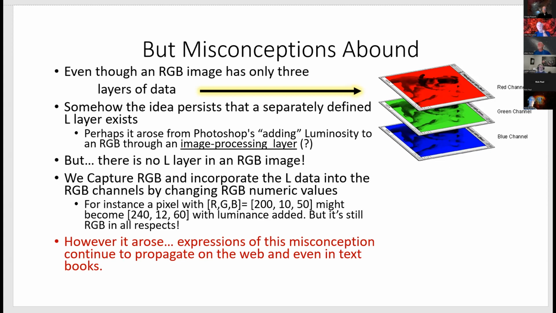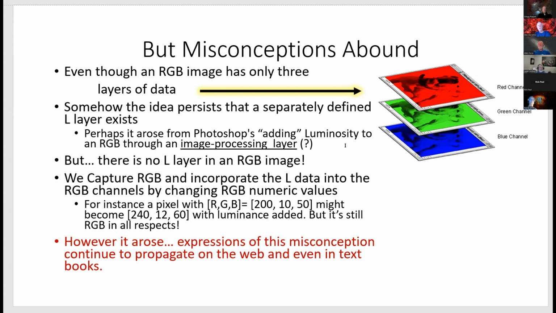Somehow they persist that there is such a layer. Perhaps it came from the old days of using Photoshop as the only tool, or the best one available, for image processing, where you combine the L with the RGB through a blending layer. At least I suppose that's what's doing it. I don't use Photoshop. I'm just making a guess at why people think there's an L layer.